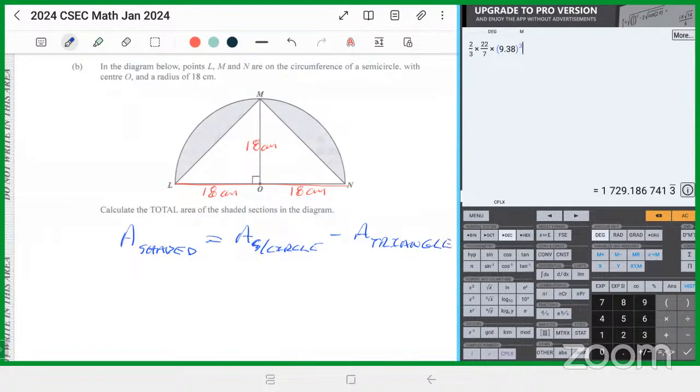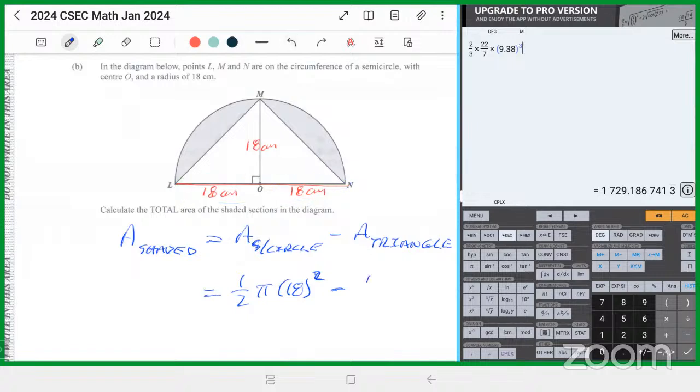That's it. Now the area of a circle is pi r squared, so a semicircle is half pi times the radius squared, which becomes 18 squared. And you're subtracting the area of that triangle, which is half base times height. Now the base is 36, half of the base is 18.